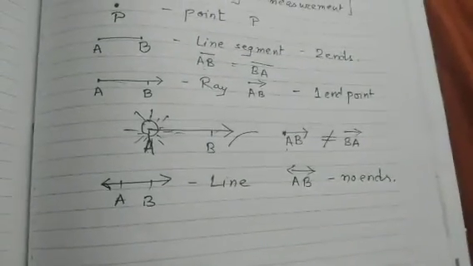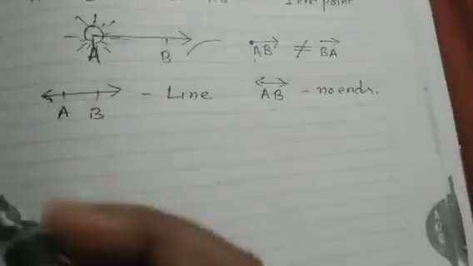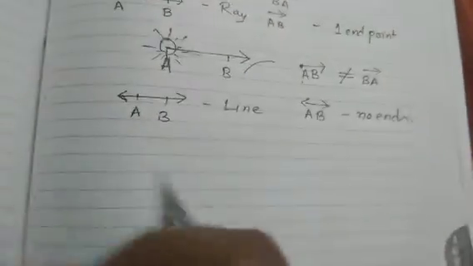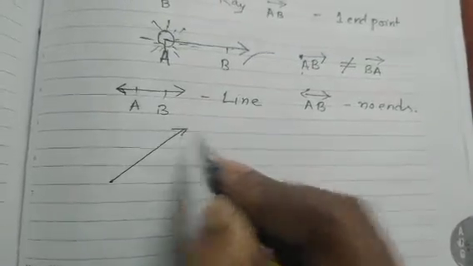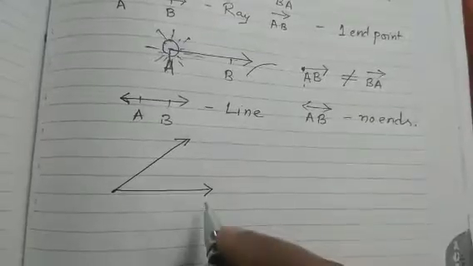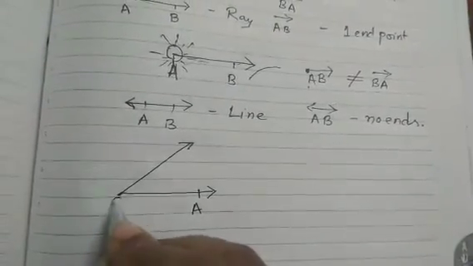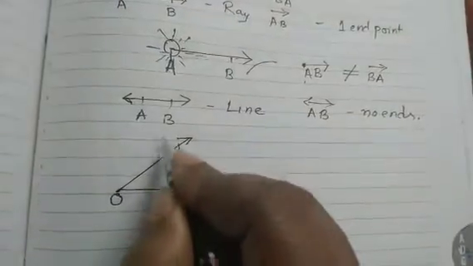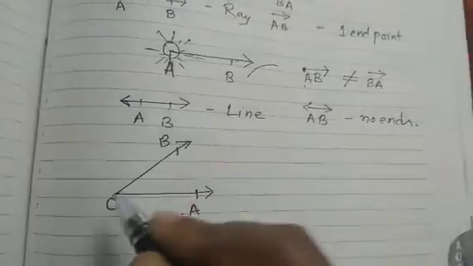Once this is clear to you, now let us talk about angles. So this is A, this is O, and this is B, where these are OA and OB.